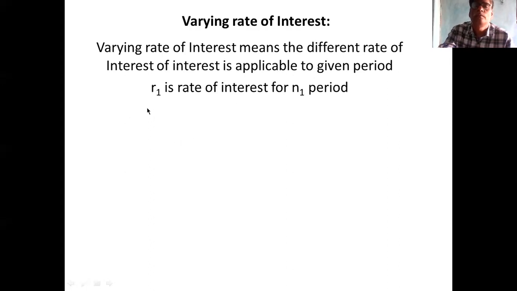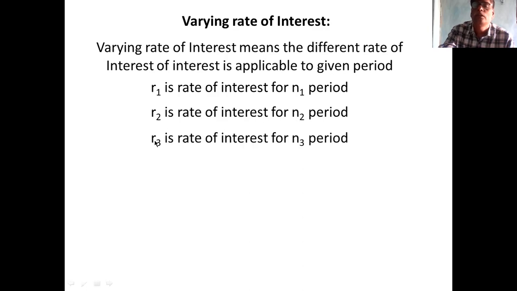For example, R1 is the rate of interest for the starting period. After completing some period, the rate of interest changes. R2 is the rate of interest for the next period, N2, the second period.